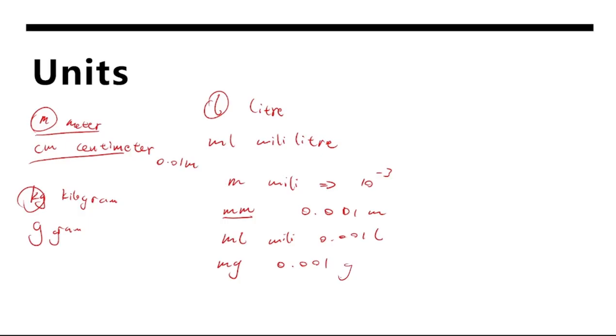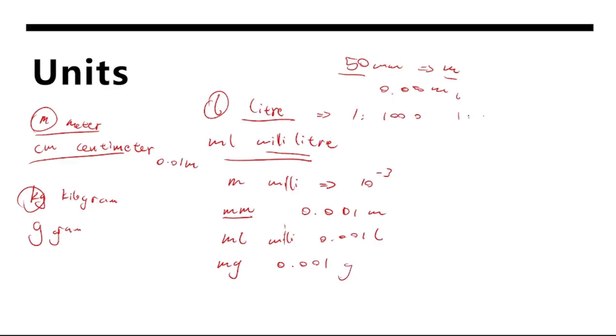And in questions, we need to do conversions. For example, convert 15 millimeters into meters. What we'll get is 0.015 meter because 1 meter is 1,000 millimeters. And also, you know that 1 liter is 1,000 milliliter.